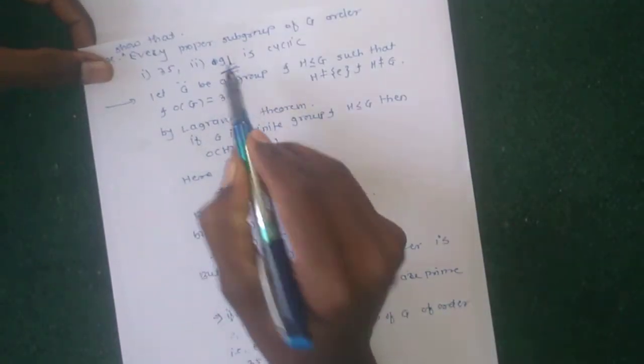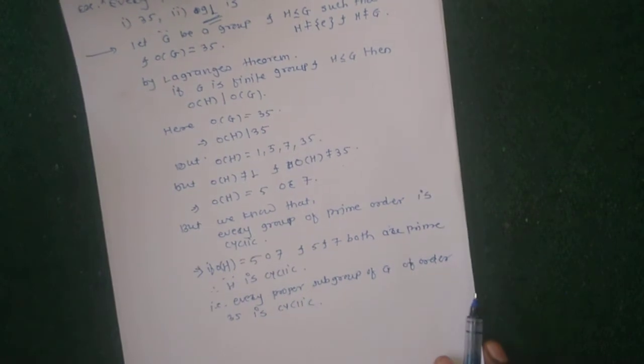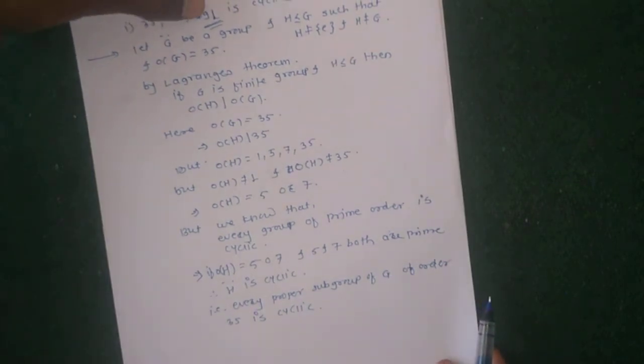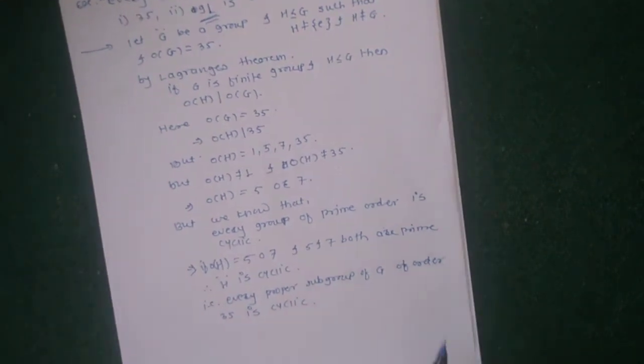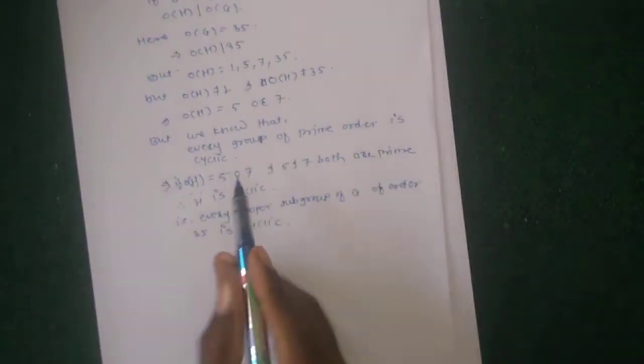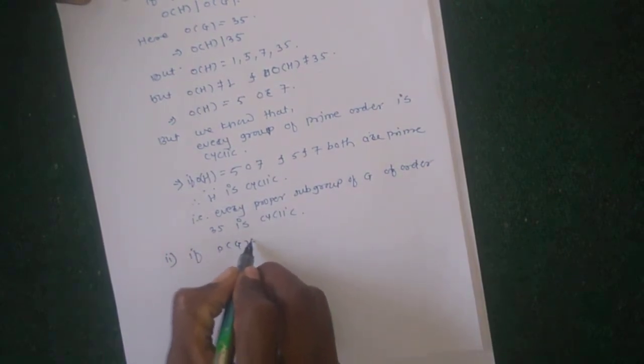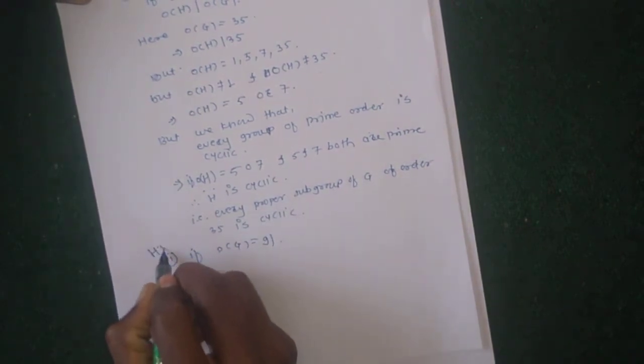So correct here: not 19, 91. Solve this for the second. If order of G equals 91, solve this in homework.